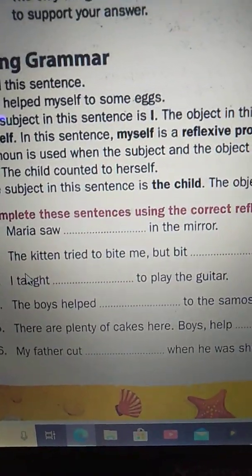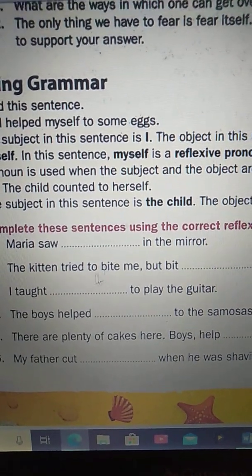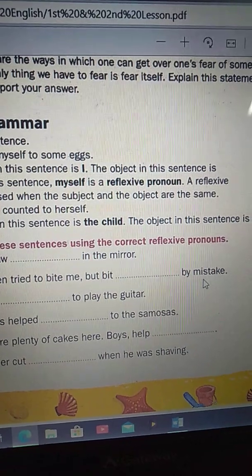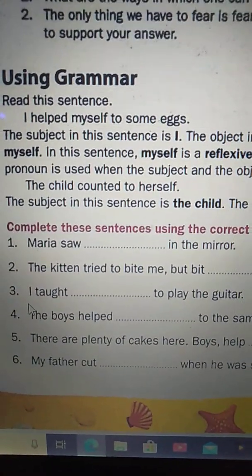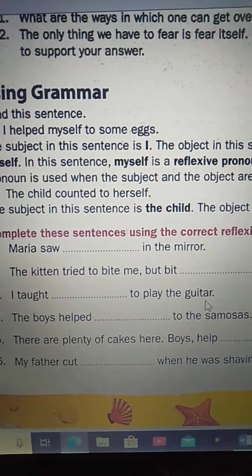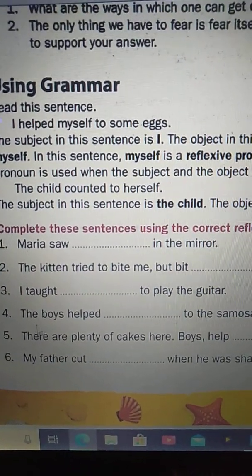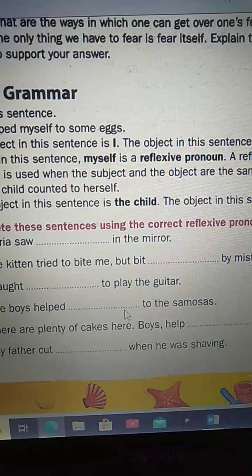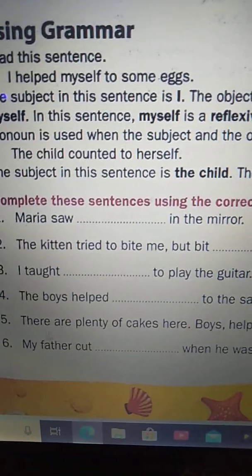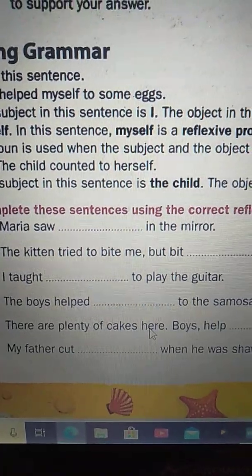Okay. The kitten tried to bite me but bit dash by mistake. See the third one. I taught dash to play the guitar. See the fourth one. The boys helped dash to the samosas. Fifth one. There are plenty of cakes here.